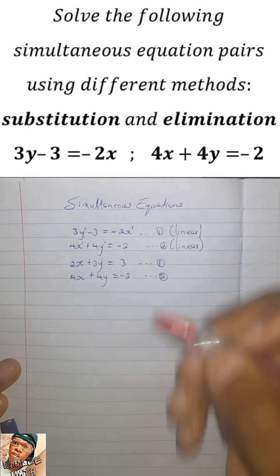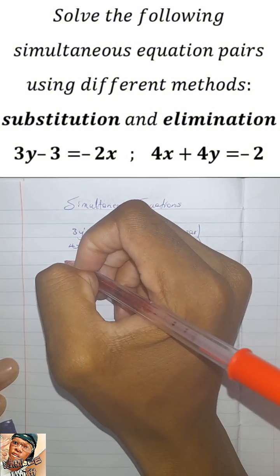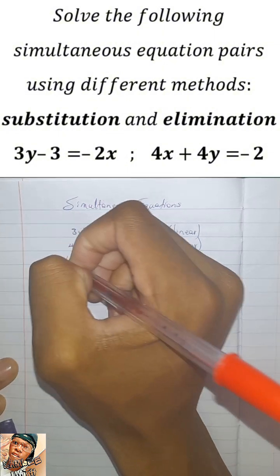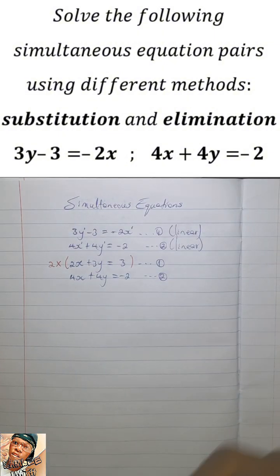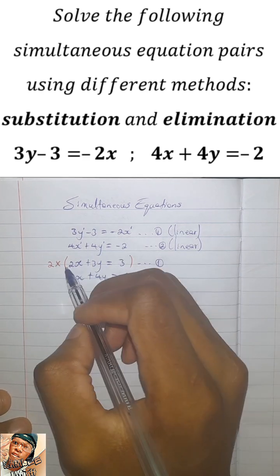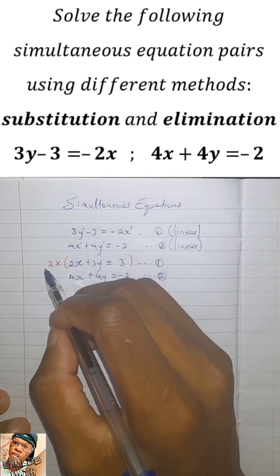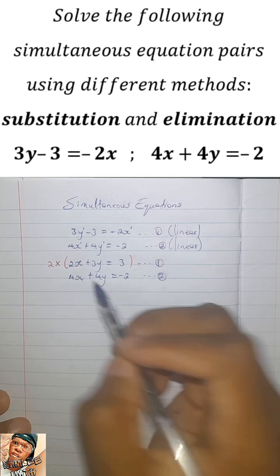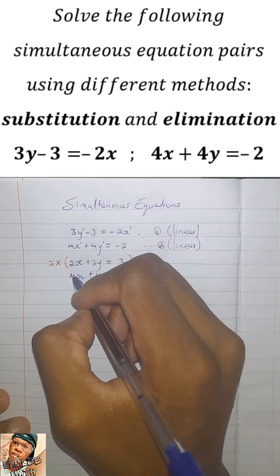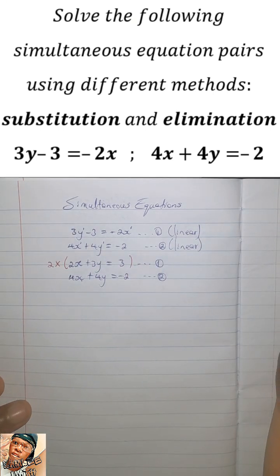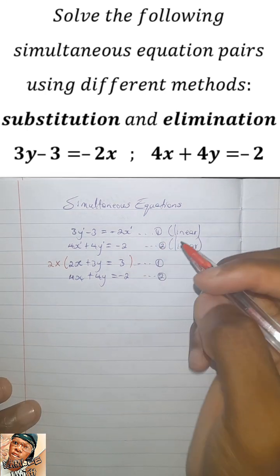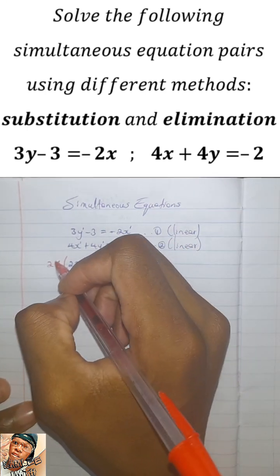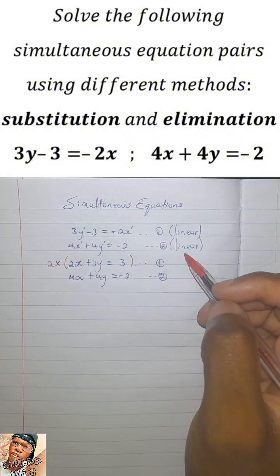So let me just do it straight away. I'm multiplying everything in the first equation by 2 to make sure that the coefficients of x in both equations are the same, right? So that means that we're going to have a new equation 3. Equation 3 is going to be everything in the first equation multiplied by 2.